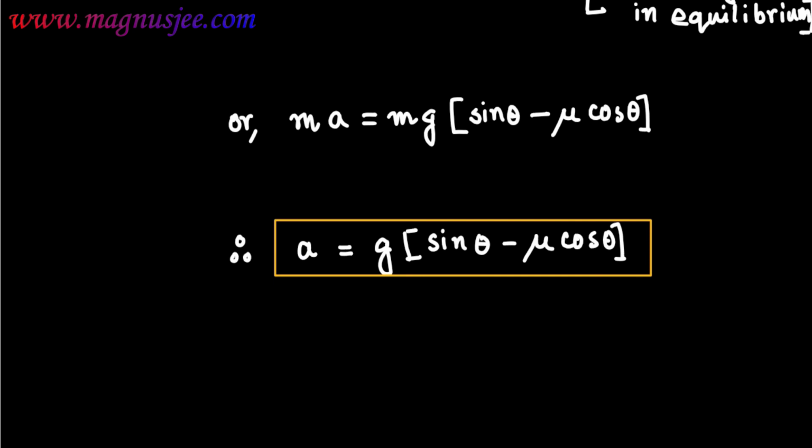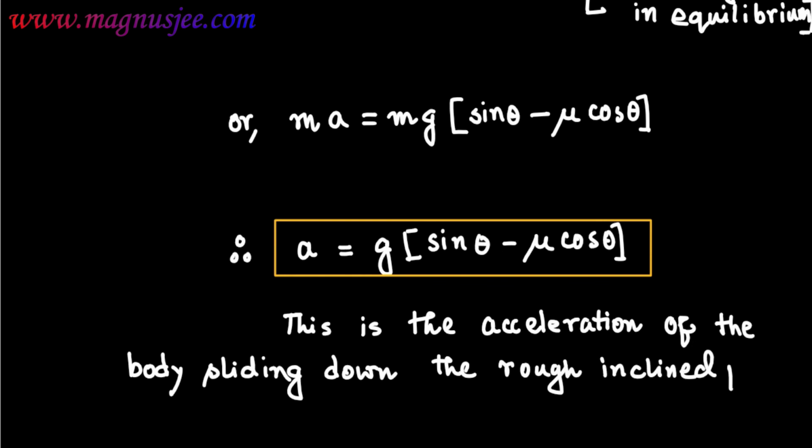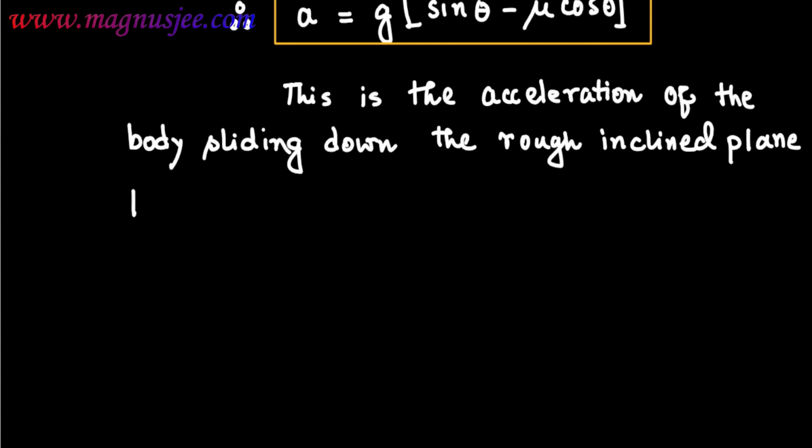This is the acceleration of the body sliding down the inclined plane, provided theta is greater than theta r, that means the angle of inclination is greater than the angle of repose of the inclined plane.